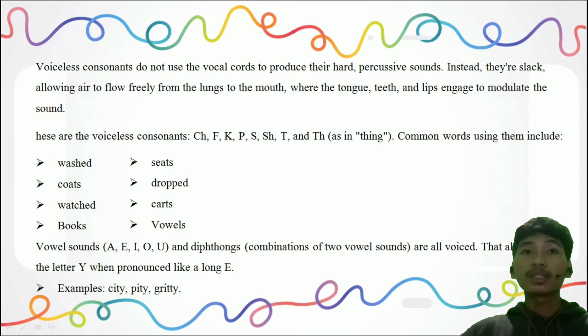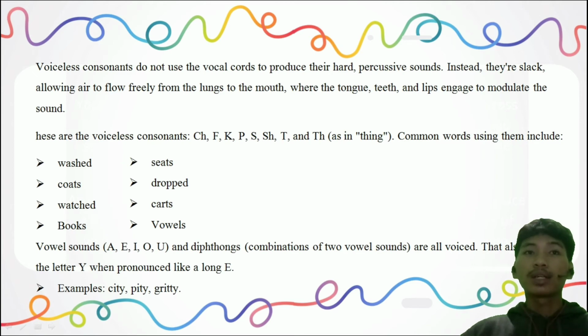Here are the voiceless consonants: CH, F, K, P, S, SH, T, and TH as in "thing". Common words using them include wash, sit, coats, drop, watch, cards, books.